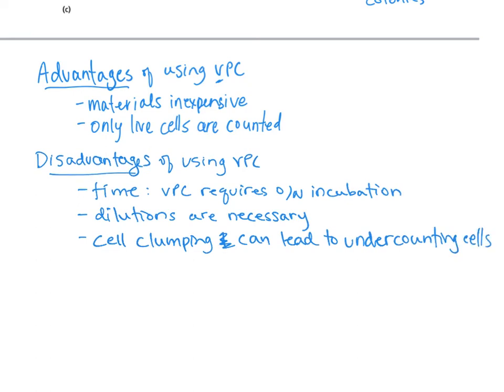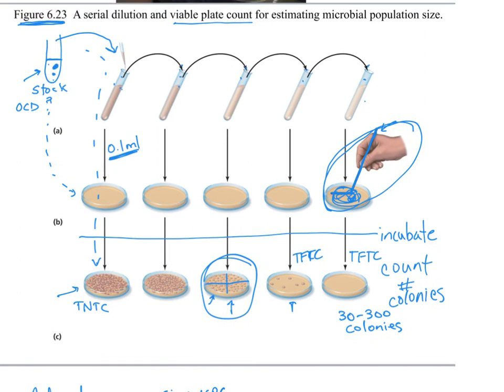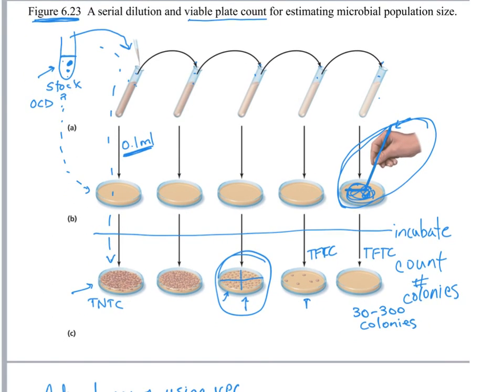Okay, so basically we'll talk more about this when we're talking about our calculations, but there are some kinds of cells, like for instance our staphylococcus, that tend to grow in clumps, and sometimes those clumps don't break up.